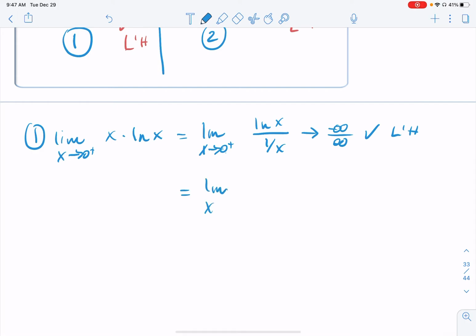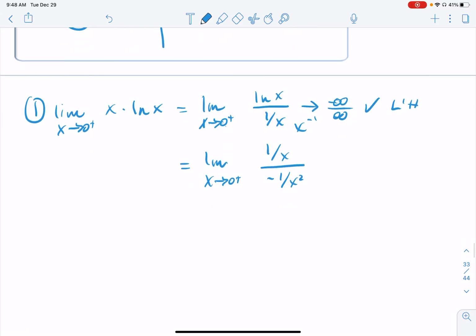So the limit as x goes to 0 from the right, 1 over x on the top, and then over here on the bottom, this is x to the negative 1, so this would be a negative x to the negative 2 power, which makes this negative 1 over x squared. Now, I don't want to direct substitute it in now because I'm going to have another indeterminate form if I do, but I think I can rearrange this at this point, fix the whole thing. This is a complex fraction essentially, so I'm taking the limit as x goes to 0 from the right.